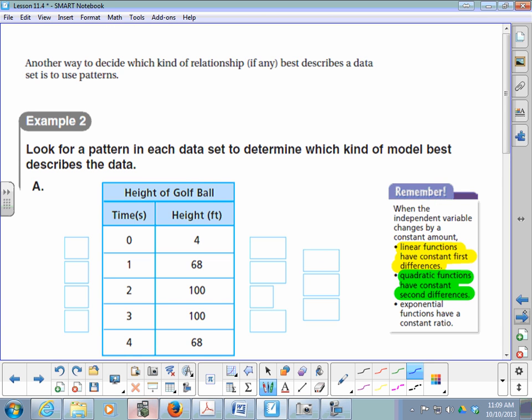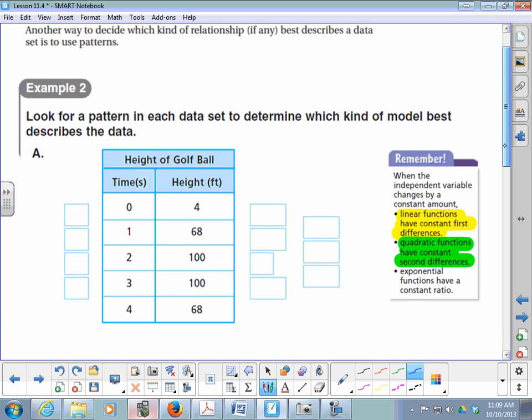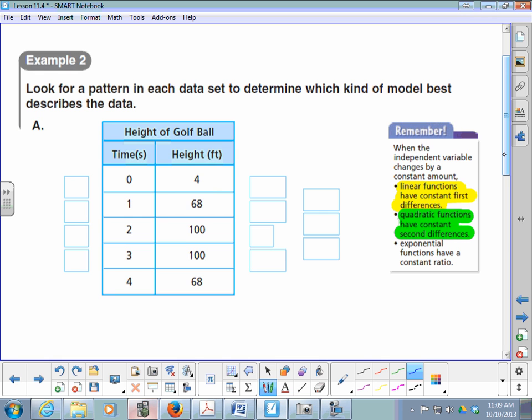Now, what if it's not quite as clear what it is? Most of them are going to be very clear whether it's linear or exponential. Those two obviously were, right? But sometimes quadratic and exponential actually look kind of similar when you're looking at just the points.